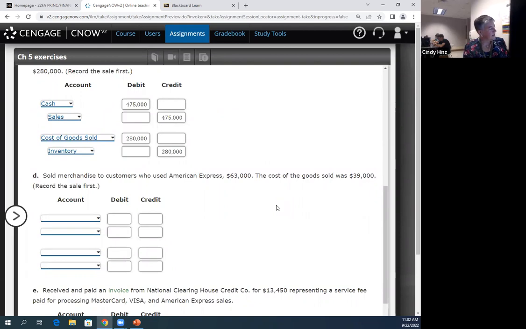The recording of this transaction in letter D for American Express is really the same. It mirrors what happened in letter C. I just want to make a quick comment about American Express. 15, 20 years ago, American Express used to only be what is known as a T&E card, or travel and entertainment.